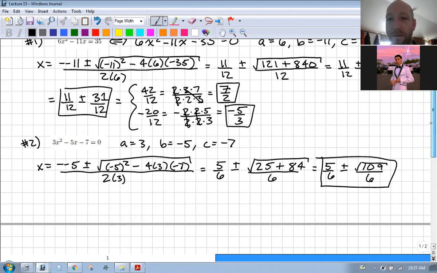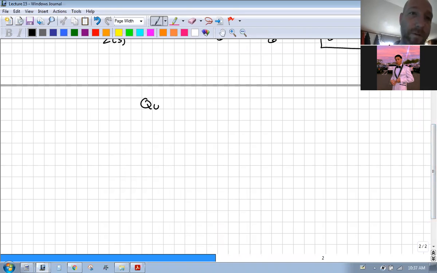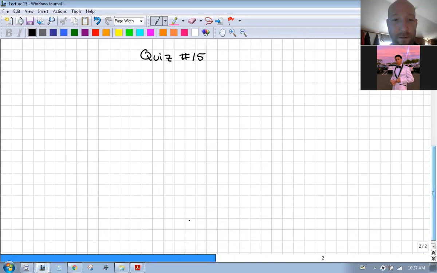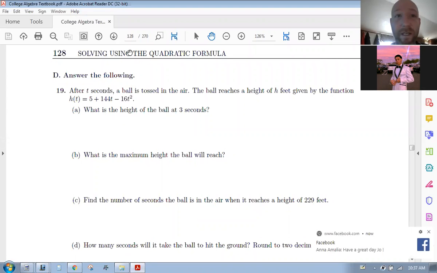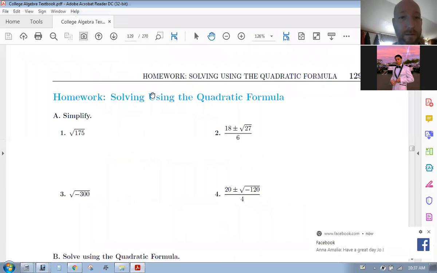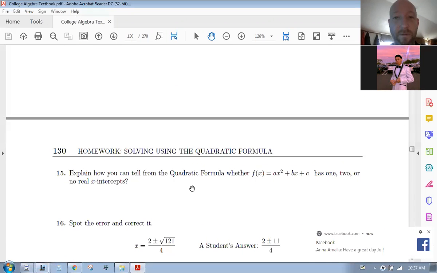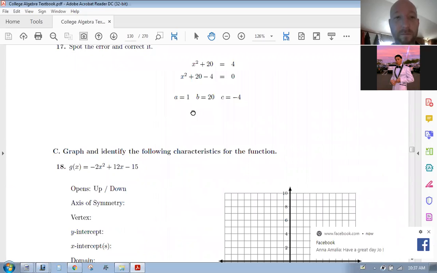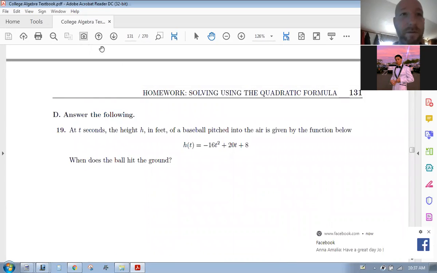All right, so let's look at a quiz here. This will be quiz number 15. And let's see. I left off on 128. Let's do number 19 here on page 131.